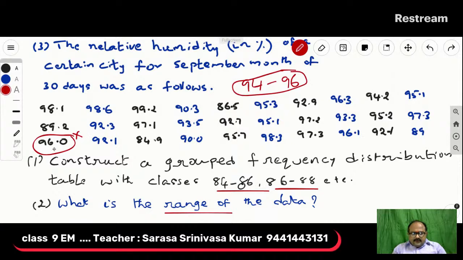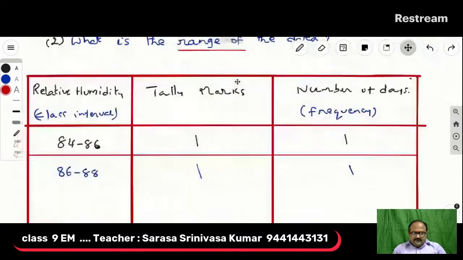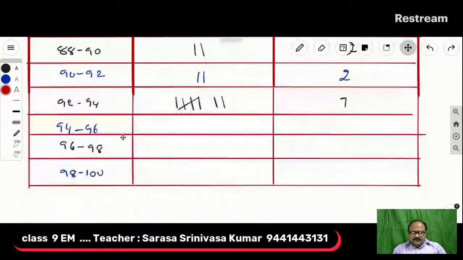You remember, observation 96 is not considered here in this class interval. We will consider it in the class interval 96 to 98. So how many observations are there in this class interval 94 to 96? 6 observations are there.